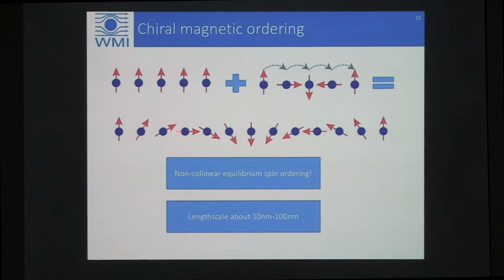Now the equilibrium spin orientation is already non-collinear, right? And also the length scale is drastically different. The length scale here is set by the ratio of DMI and exchange, and it's somewhere in the order of a couple tens of nanometers. Okay.